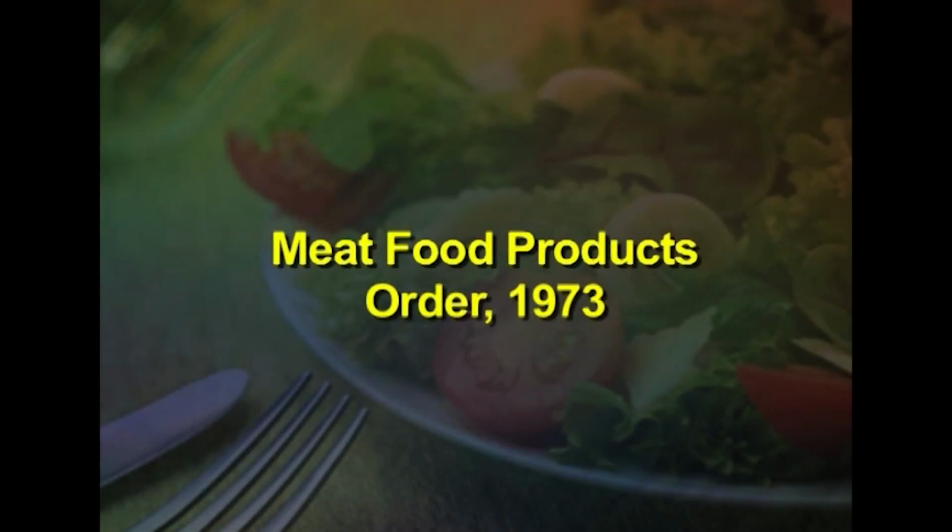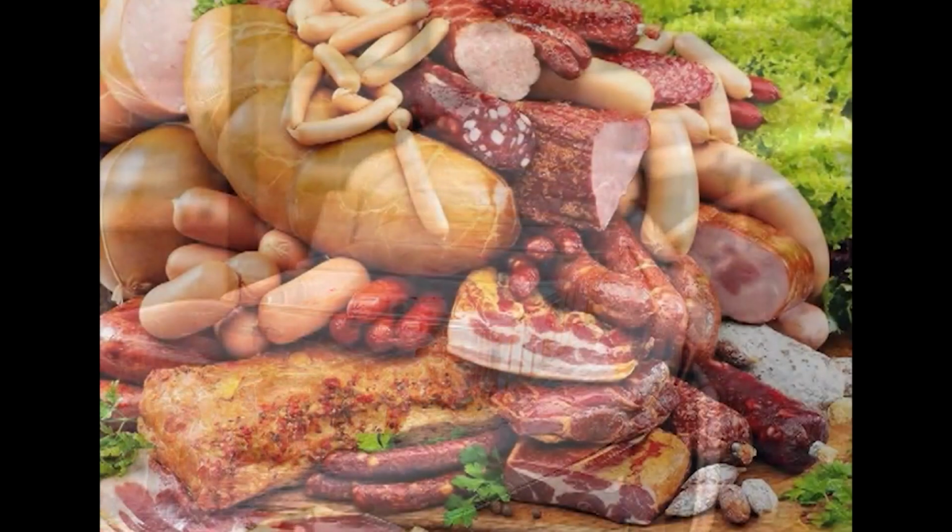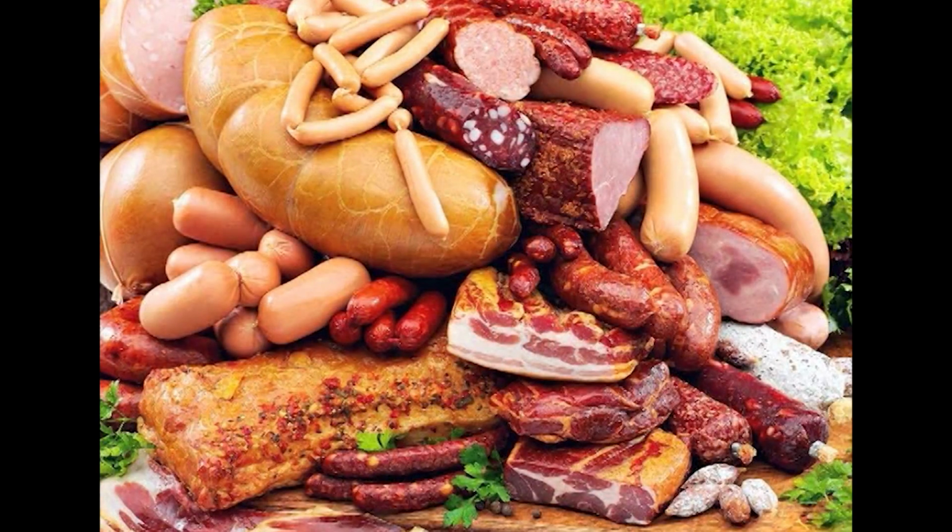Meat Food Products Order. It was introduced in the year 1973. Meat and meat products are highly perishable in nature and can transmit diseases from animals to human beings. Processing of meat products is licensed under the Meat Food Products Order 1973, which was hitherto implemented by the Ministry of Food Processing Industries.